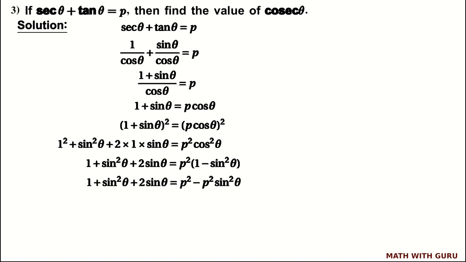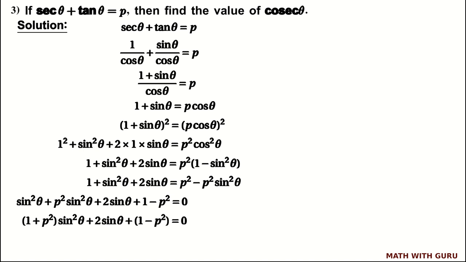Let us arrange all the terms on the left hand side like this: sin squared theta plus p squared sin squared theta. These two terms are having sin squared theta, then plus 2 sin theta, and then the constant terms plus 1 minus p squared equals 0.